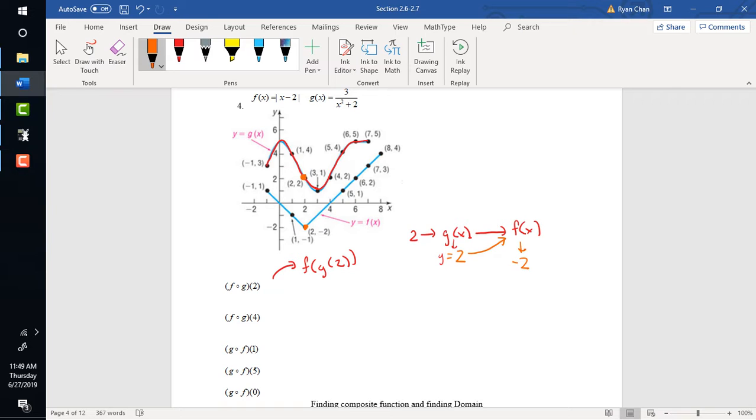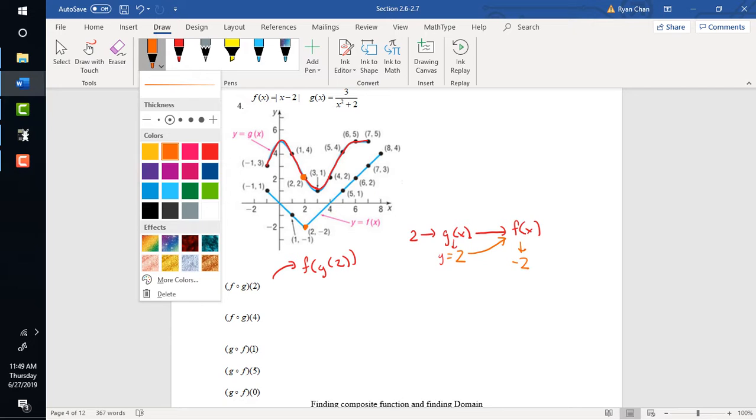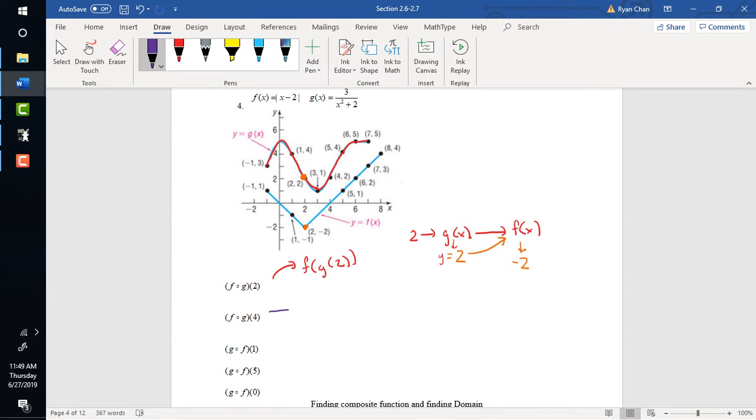Now let's look at one more example. I'm going to use a slightly different color so that you don't get confused. Okay, let's do purple. So let's say I have f of g of 4. I'm going to plug 4 into g.